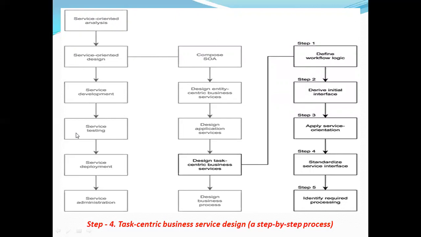These are: define workflow logic, step number 1; derive initial interface, step number 2; apply service orientation, step number 3; standardize service interface, step number 4; and identify required processing, step number 5. So let us see these steps one by one.